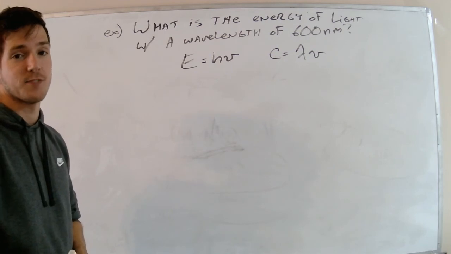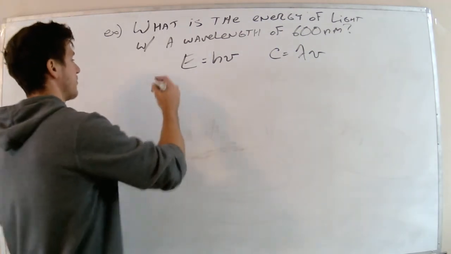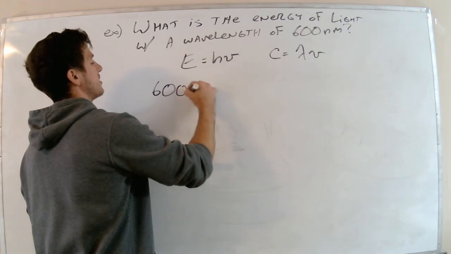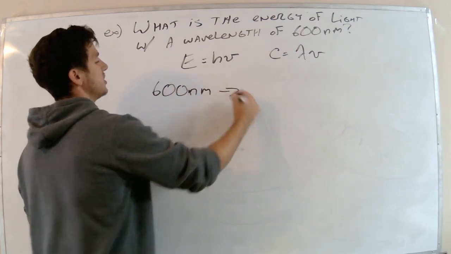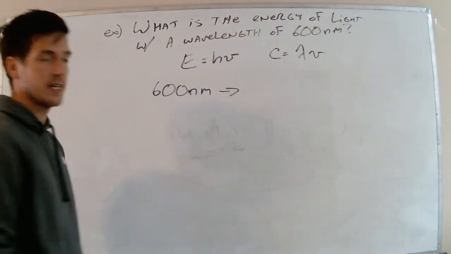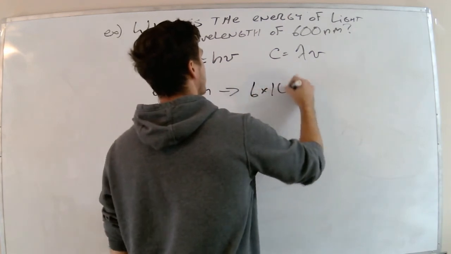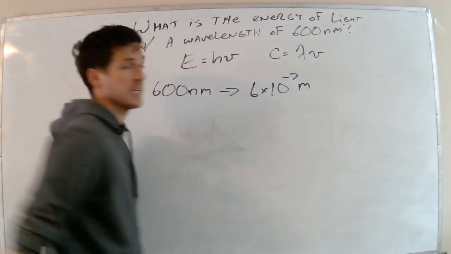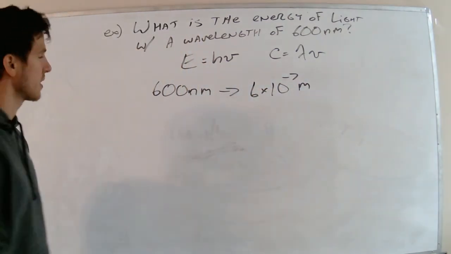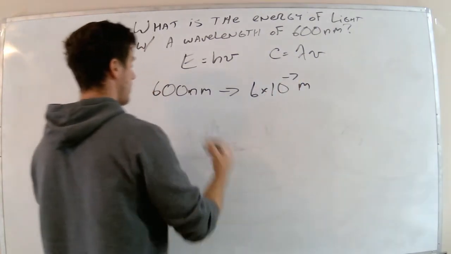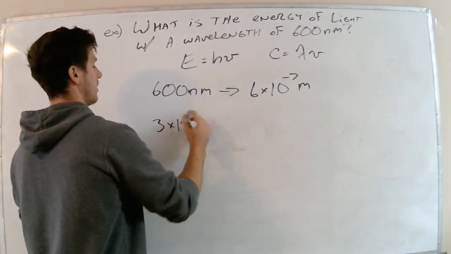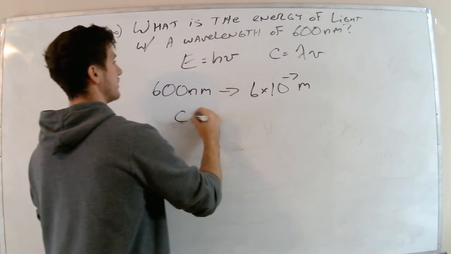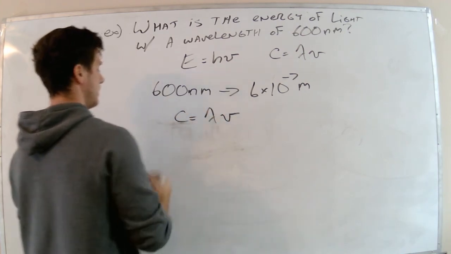Let's go ahead and do that. First things first though, I gotta get that nanometers into meters. We should know that it should be 6 times 10 to the negative 7th meters. So let's figure out the frequency that this light gives off.